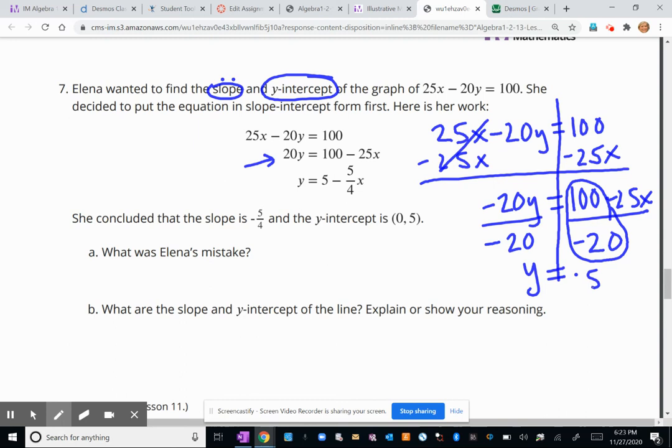So that's going to be plus right here. And 25 over 20 does reduce to that 5/4, so plus 5/4 x. Okay, so it should be, again, y equals -5 plus 5/4 x. And so then what was Elena's mistake on the second line?